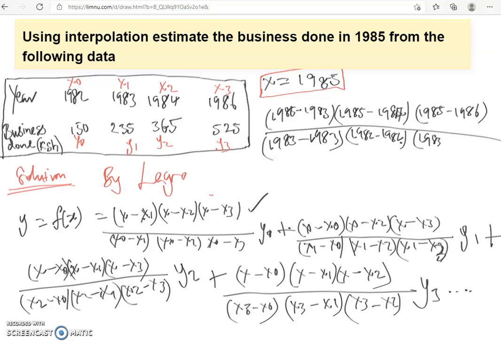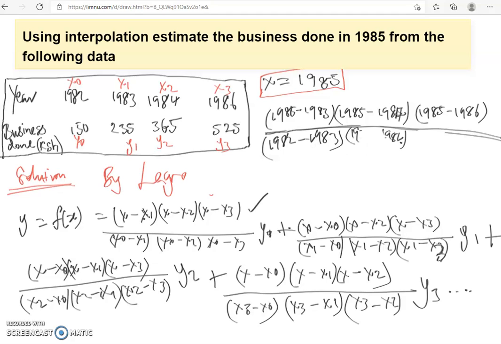Sorry, you have to pay attention to errors. We're evaluating x naught, and we know that this is x naught, so it is 1982 minus 1983.